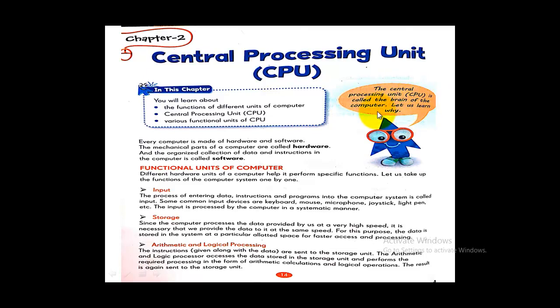We all studied since class 1, 2 that the CPU is known as the brain of the computer. Now why it is called the brain of the computer, we are going to study in this chapter. Now the various functional units of CPU, these we are also going to learn.